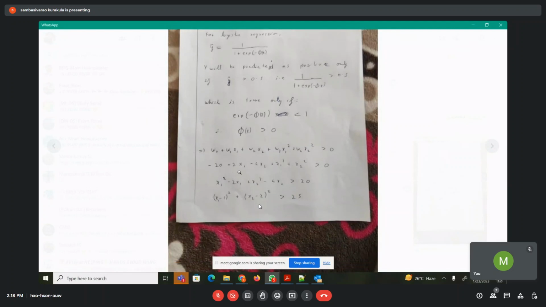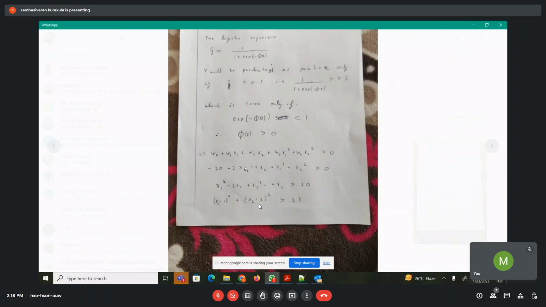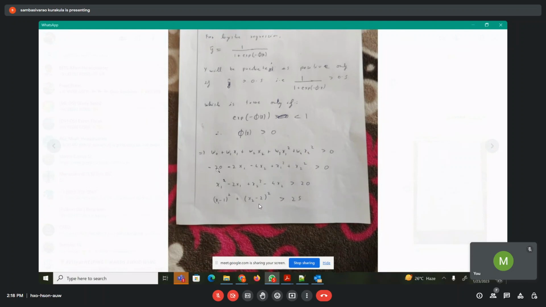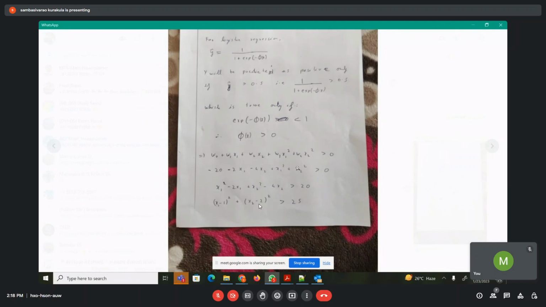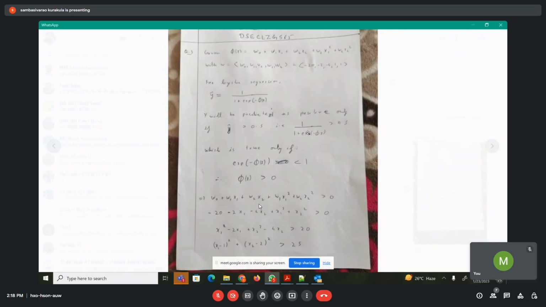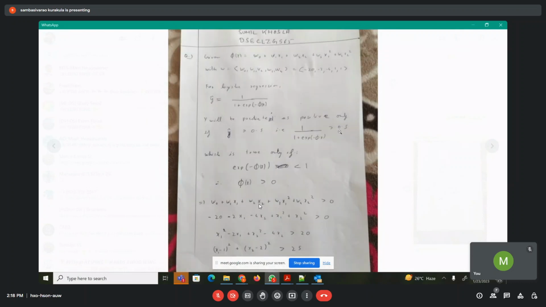Don't worry about greater than 0. You just substitute minus 20 minus 2 into x1 minus 4 into x2 plus x1 square plus x2 square. You get some exponent of e power. Let's say you get e power minus 22. E power minus 22 value is 0. 1 by 1 is equal to 1.